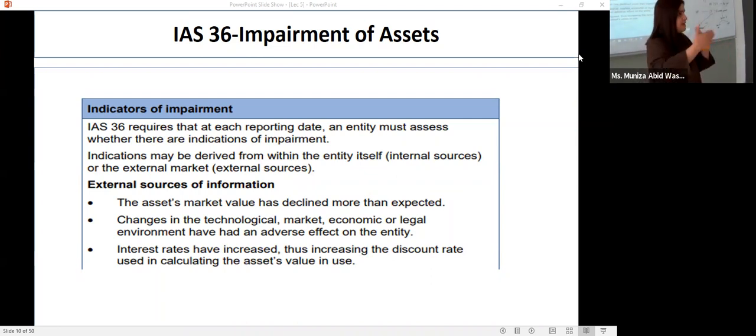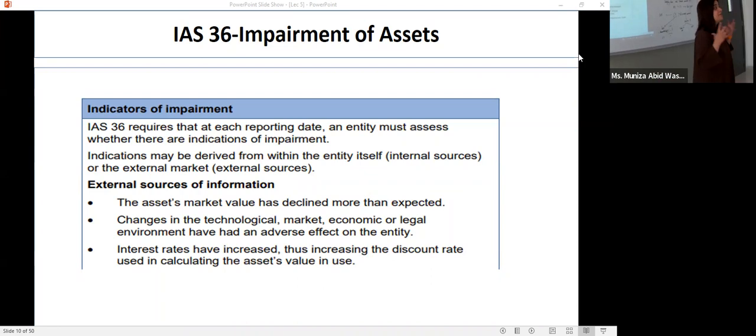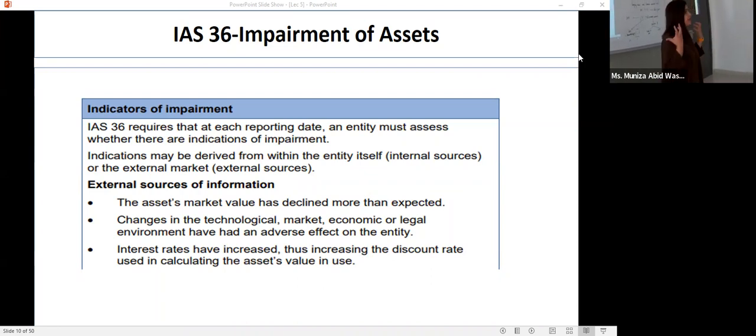It is going to happen in the future. It's an estimate for the future. How are we going to estimate whether an impairment is going to occur or not? We are going to consider the indicators of impairment. There are different circumstances in our environment which tell us whether an impairment can happen or not. Those circumstances which indicate whether an impairment can occur or not are known as indicators of impairment.